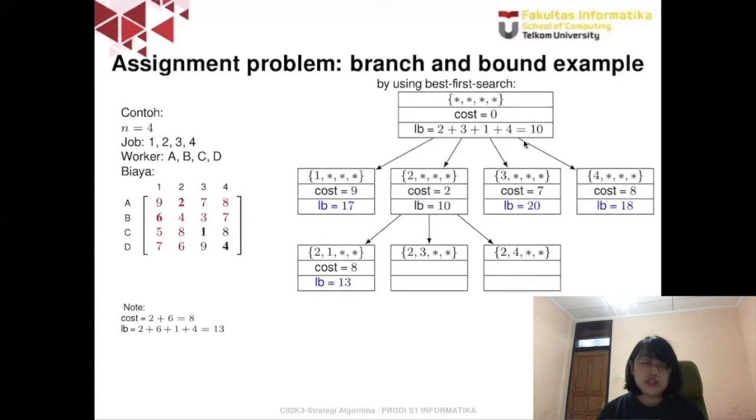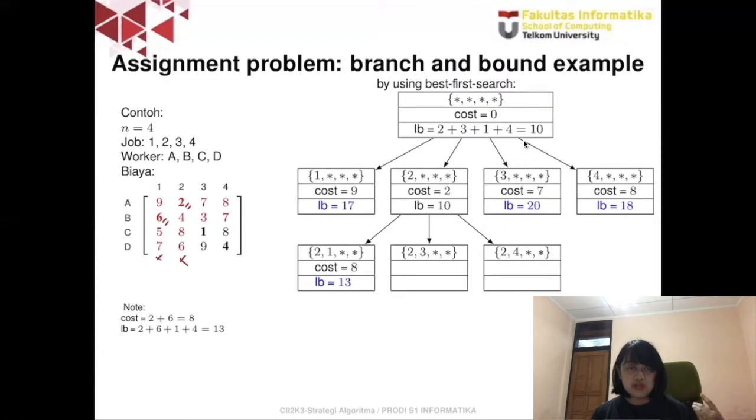So we do similar things. For the first option, A is given job 2 and B is given job 1. It means that the cost we have up until now is 8, and job 1 and job 2 have been taken. So C and D cannot be assigned to those 2 jobs.